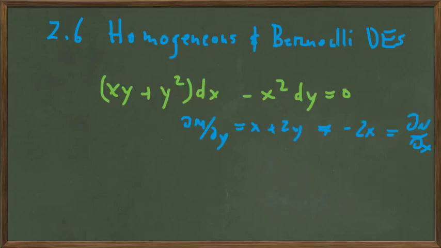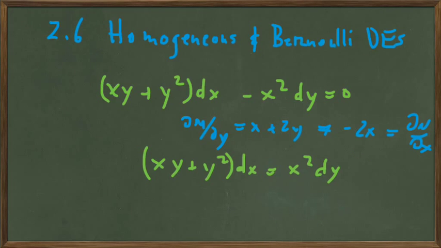If we take partial M partial y, we get x plus 2y, and if we take partial M partial x, we get minus 2x. So clearly it's not exact. Let's rewrite it to see if we could notice it as linear.